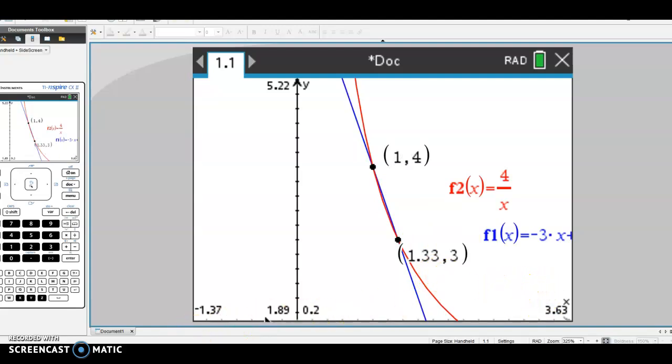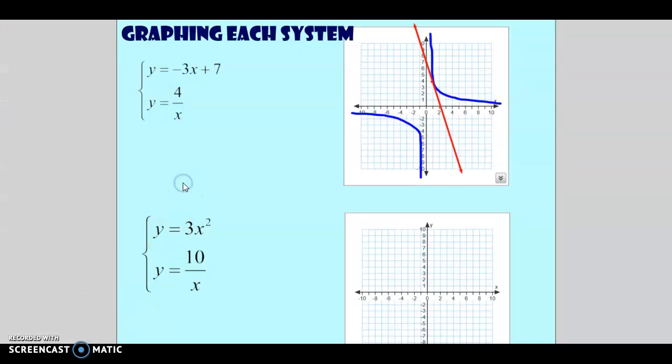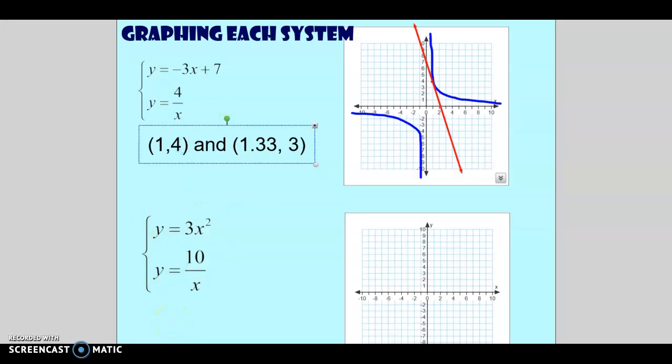So those are going to be my two solutions for my system. So I would have 1, 4 and 1.33, 3. Okay, so you can round to the nearest hundredth when you get a decimal. That is completely acceptable. So now let's go ahead and try this next one.